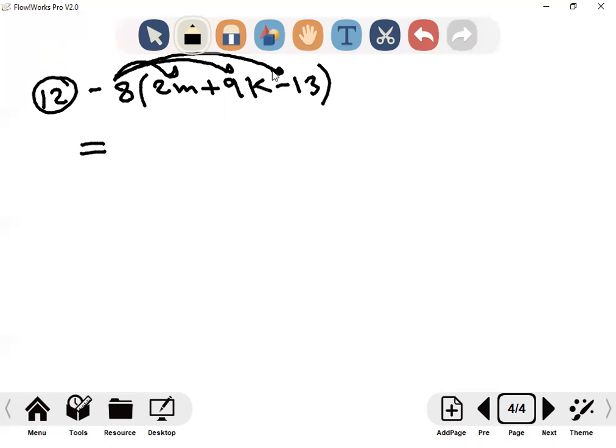And negative 13. Yeah. So negative 8 by 2m. Good. Negative 8 by 9, Omar. Negative 72k. Negative 8 by negative 13, 104. So which one? B or D?